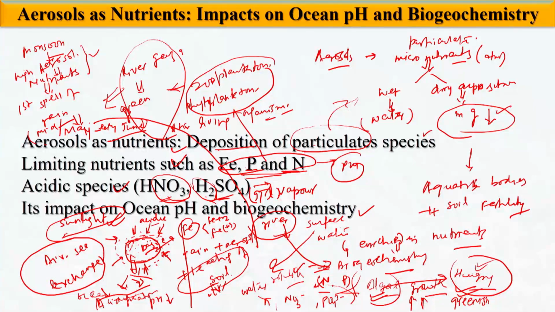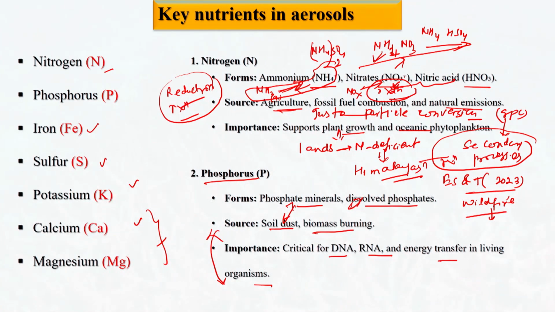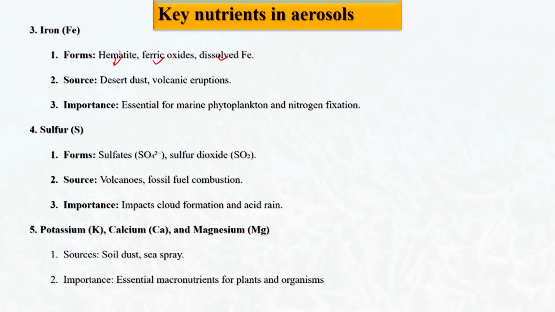And when this process takes place, this iron, which is not labile or not available to be taken up by the plants, can be released and converted into the ionic form. So, this is very important. For example, hematite and ferric oxide can be converted in the atmospheric processes into the Fe3+ or Fe2+ form. Okay. When they are converted, they become directly accessible.